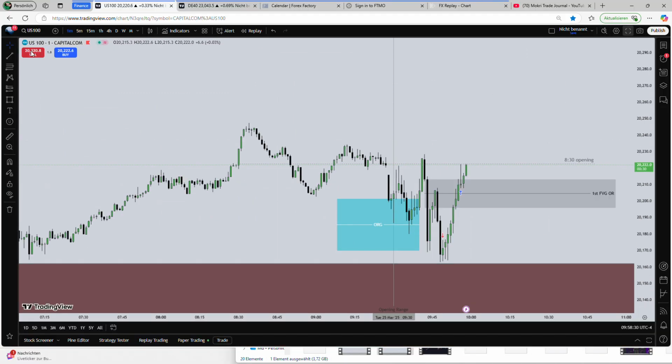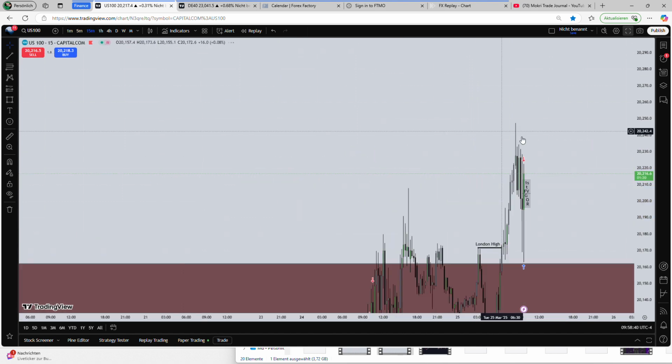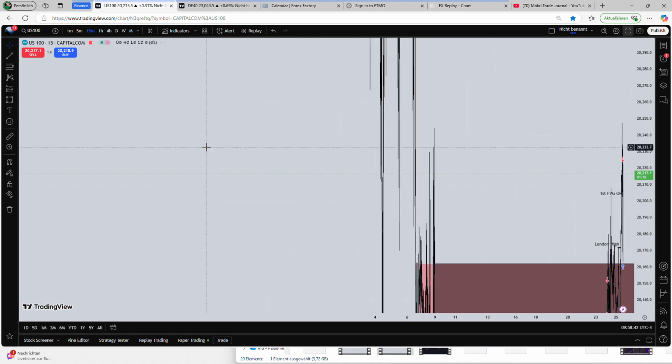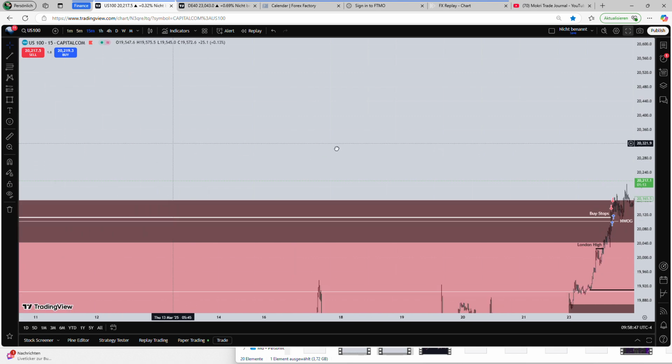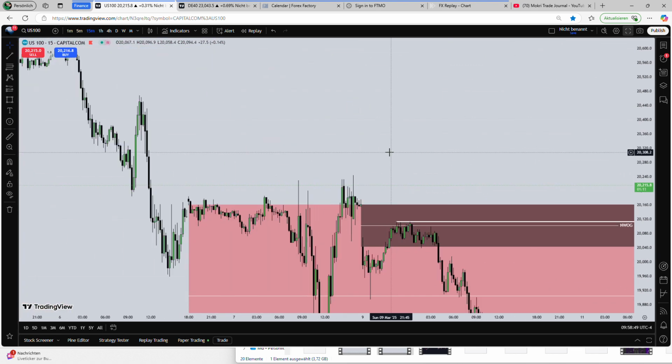So the best scenario is going to look something like this. This is the entry, this is the stop loss, and I'm going to aim for higher time frame buy side liquidity, which is going to be, let me see. Okay, the buy side has already been taken, so it might be just this level right here, 20,468.2.